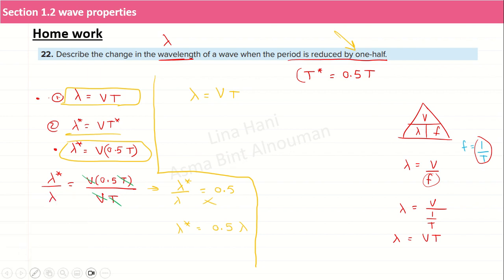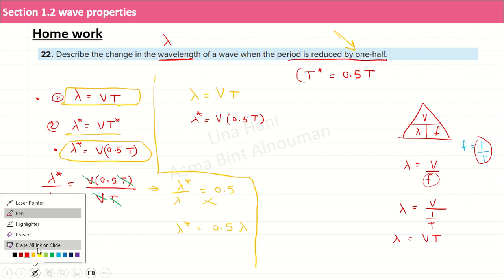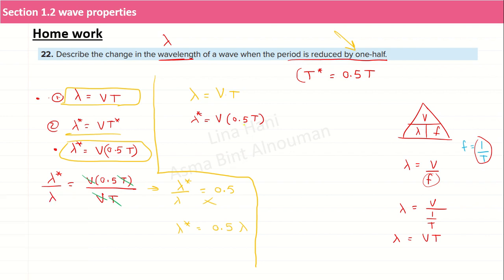We can write here half, or maybe you can write it all over again. So half T. So this is the new wavelength. So this is the number that entered the equation, half.